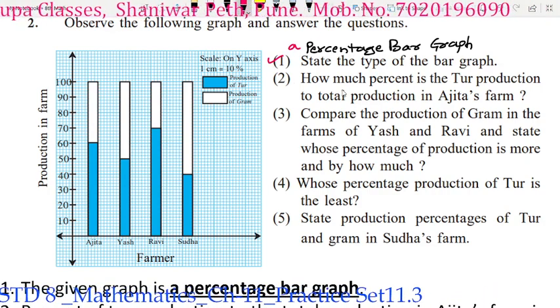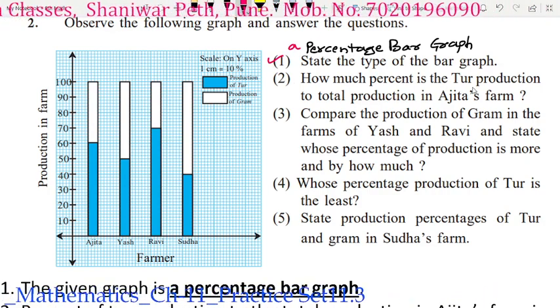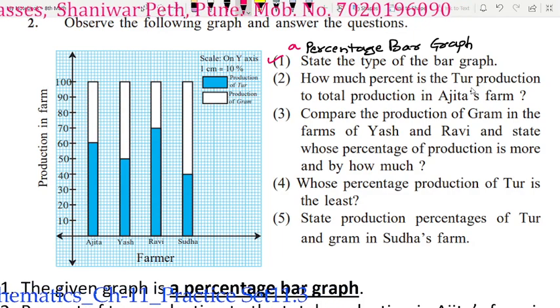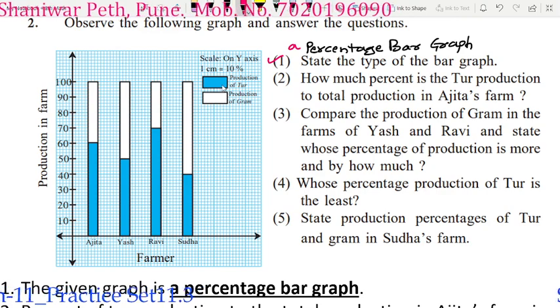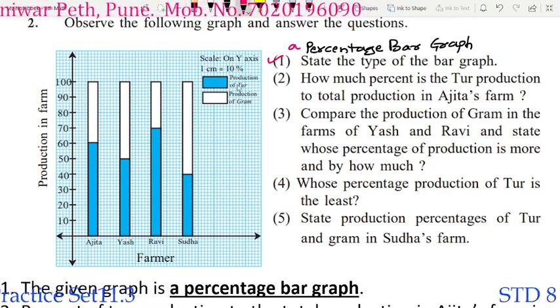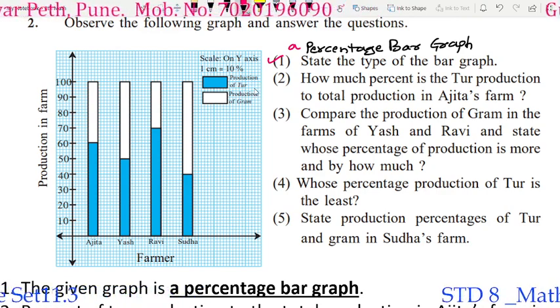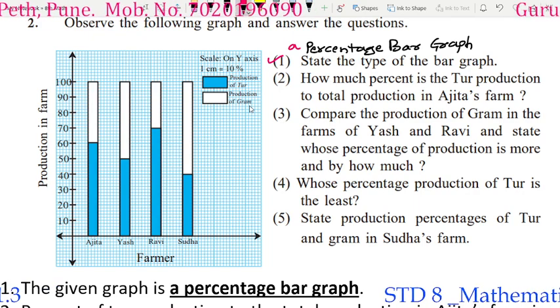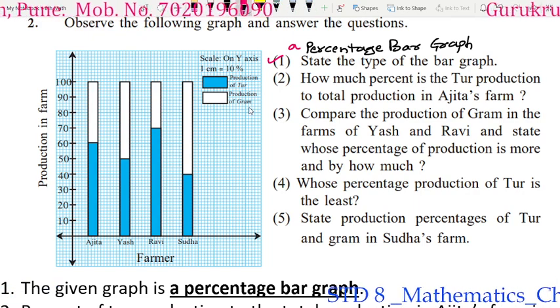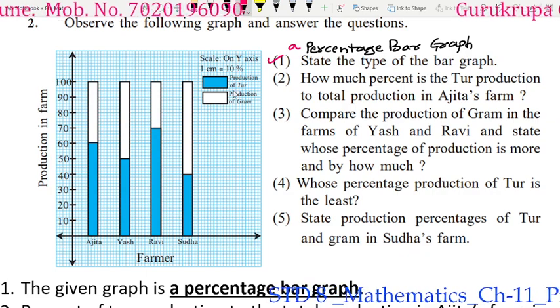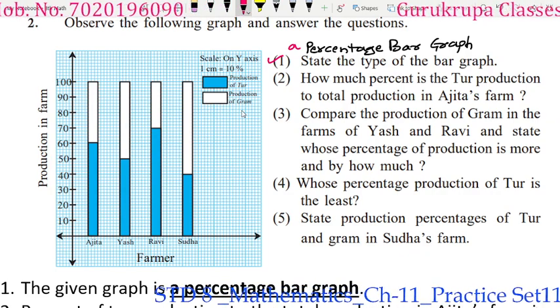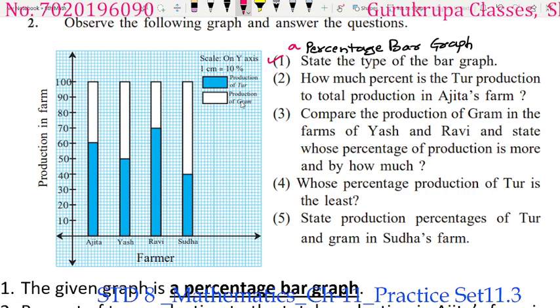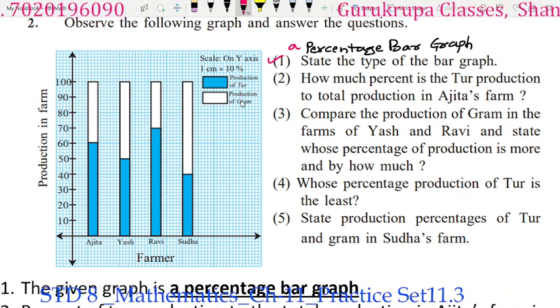Second, how much percent of tur production? If you observe the graph and color coding, the blue color is for the production of tur dal, and the other is for production of gram. So these two pieces of information are provided to you. How much percent is the tur production to total production of Ajita's farm?